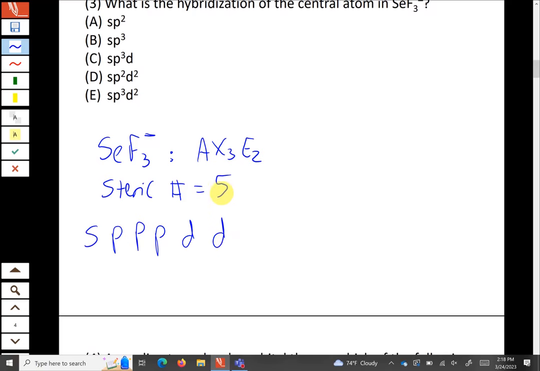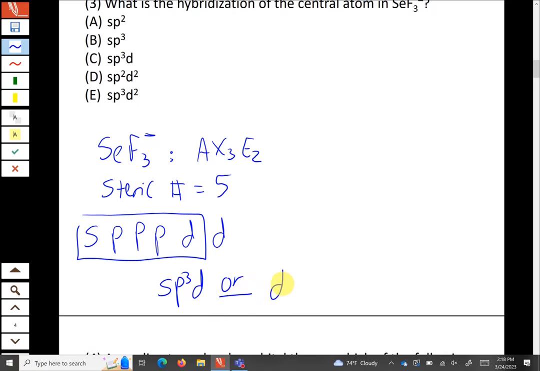We need to use 5 to get a steric number of 5, so we're going to circle the first 5: sp3d. Sometimes you'll see it written as dsp3, so don't be confused by that. They mean the same thing. But anyways, 5 total orbitals hybridized to get 5 electron groups around the center atom. And so that leads us to, again, choice C here.